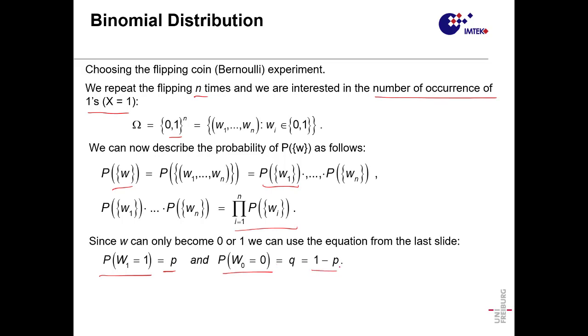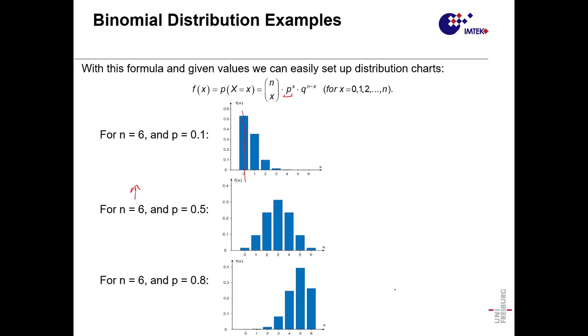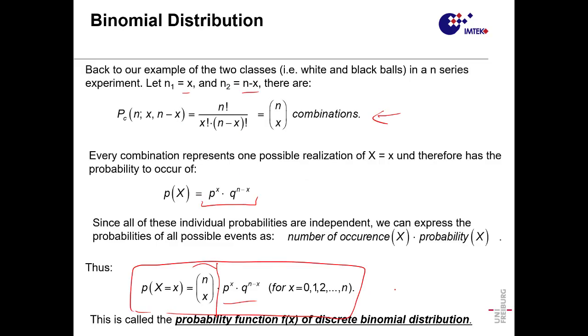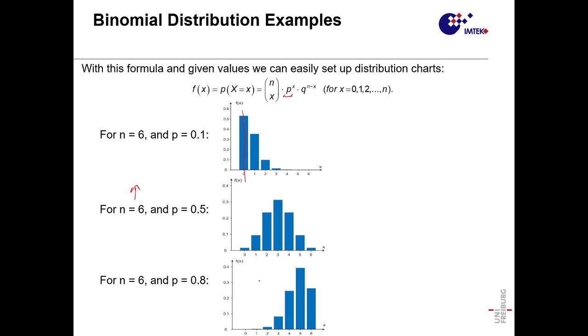Again, 1 minus P is Q. And then you could do the same thing that we did before, but since you have n times, this is what we did before, with x and n minus x here, for n times.